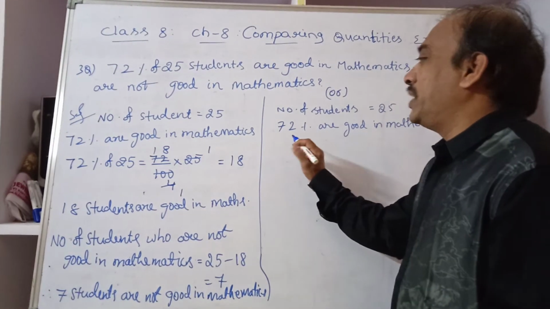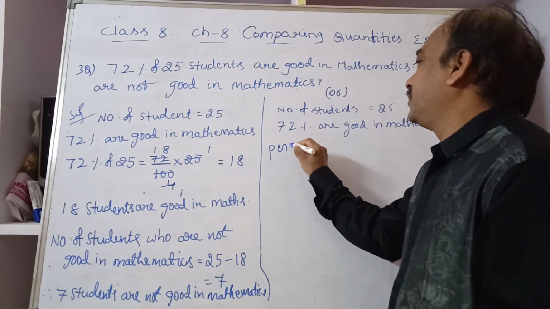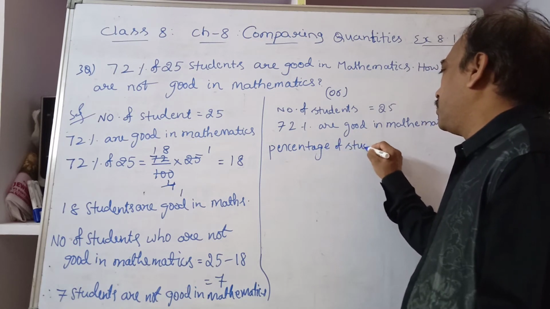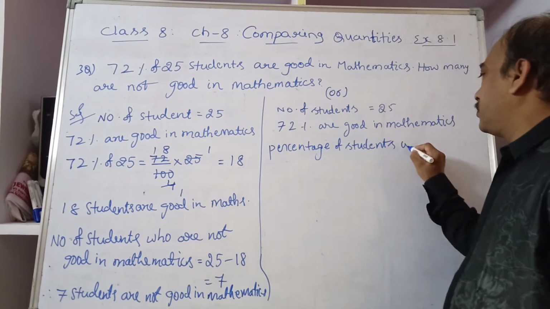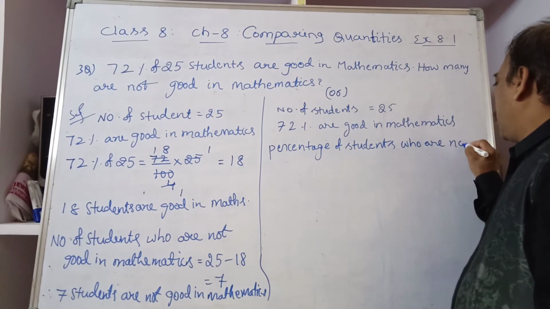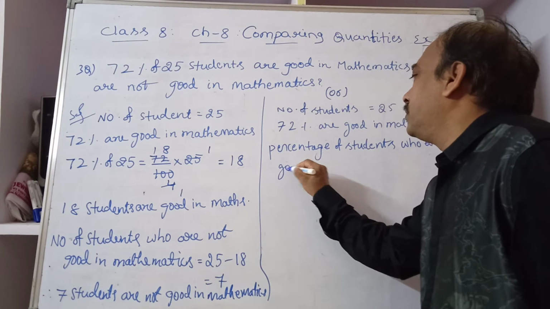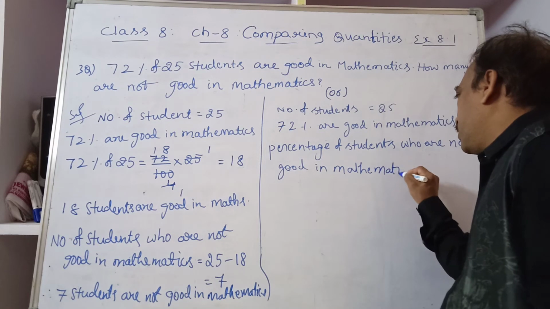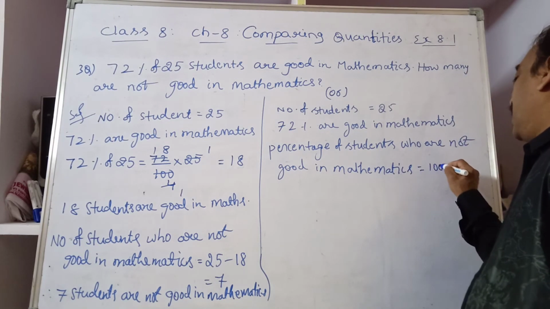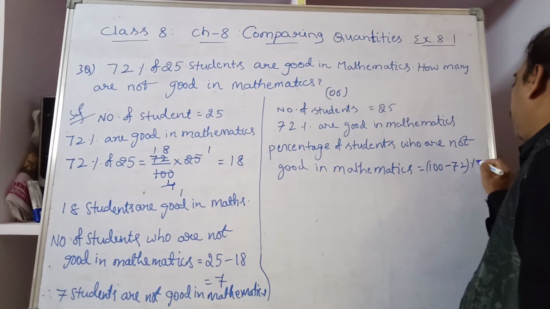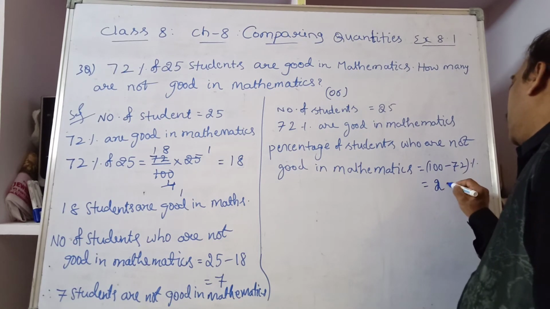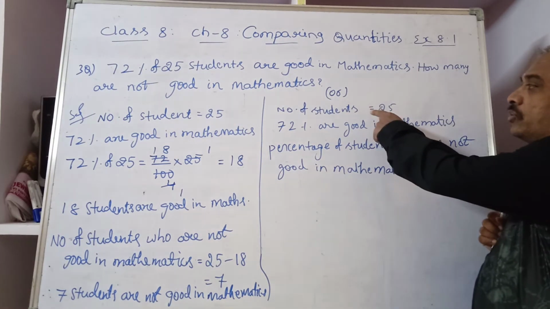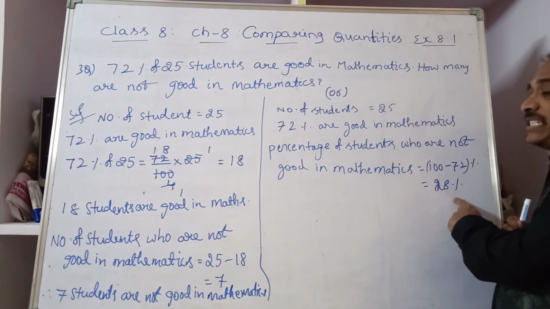So percentage of students who are not good in mathematics is equal to 100 minus 72%, which is equal to 28% are not good. So 28% is from where? Out of 25 students, 28% are not good.